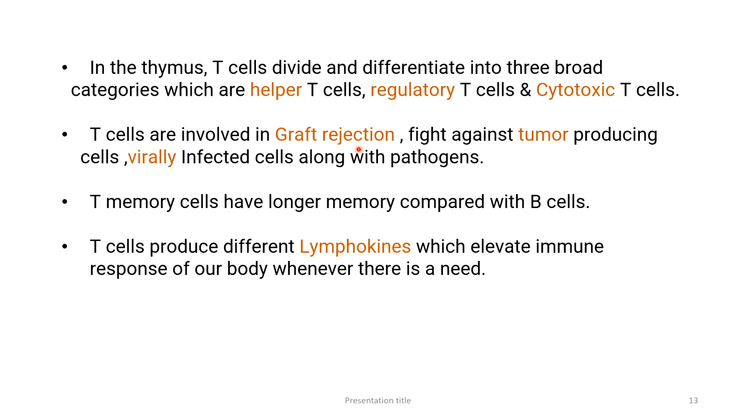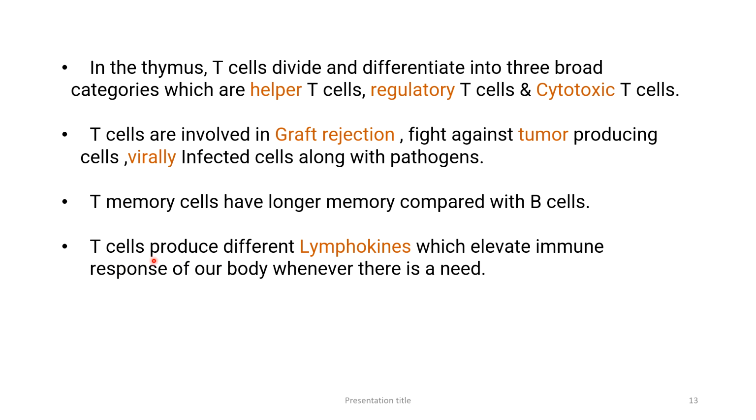Also, T lymphocytes fight against tumor producing cells, that means cancerous cells, and virally infected cells along with the pathogens. Like B cells, T cells can produce memory, and these T memory cells have longer memory compared with B cells.